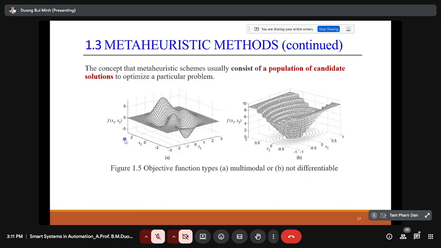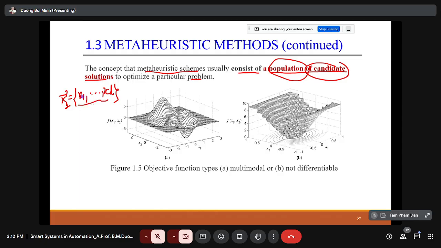So this concept: meta-heuristic schemes usually consist of a population of candidate solutions to optimize a particular problem. How many candidate solutions do we have? A lot. You remember every solution has d dimensions. So solution 1, x1, has x11 to x1d.